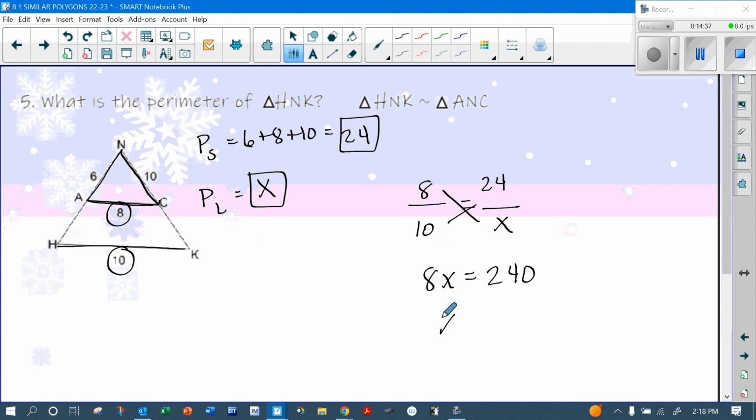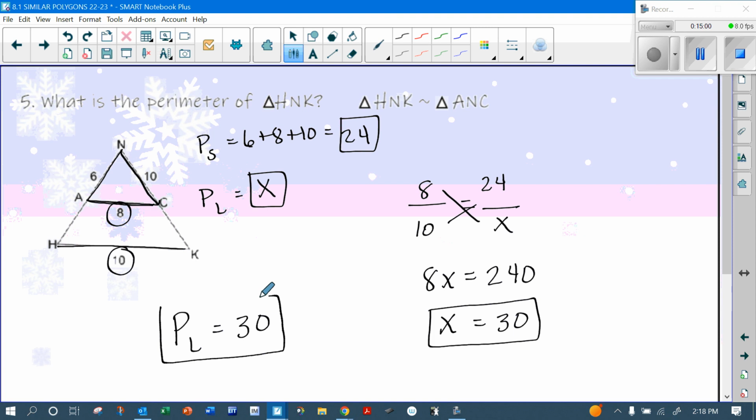And then I'm going to divide both sides by 8. So 240 divided by 8 is 30. So now I know that the perimeter of the large triangle is 30.